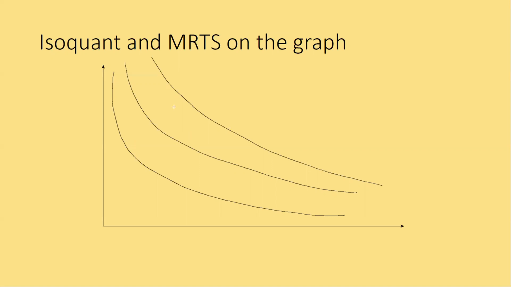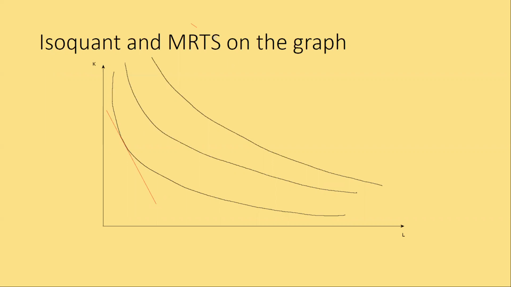So the MRTS, so I should have typed first. We usually put labor on the horizontal axis and capital on the vertical axis, all right? So the MRTS is going to be the slope of those isoquants.